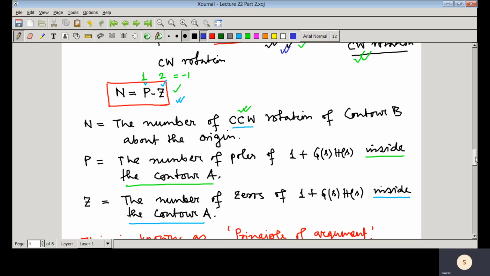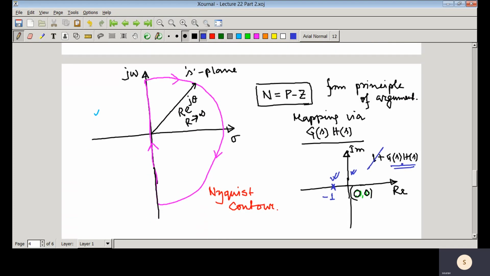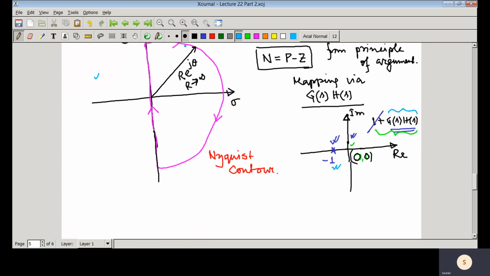So that's why if we go with 1 plus g of s h of s, this whole thing, then that encirclement would be 0. But if we go with g of s h of s, the encirclement would be minus 1. That means we need to see the mapping via that g of s h of s.